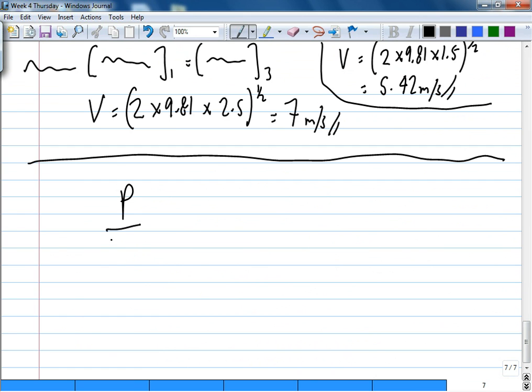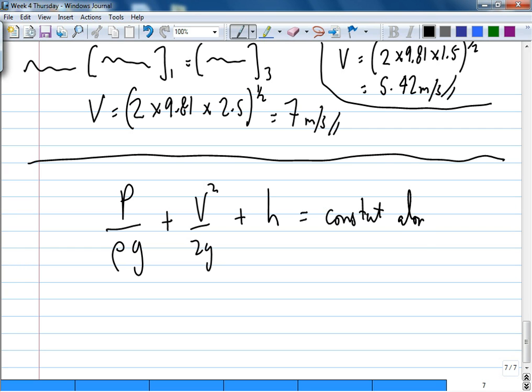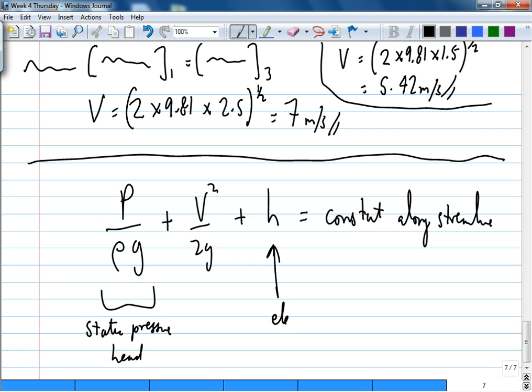In terms of head, P over rho G plus V squared over 2g plus Z. This one you can call the static pressure, or static pressure head. This one, the elevation. This one, the dynamic.